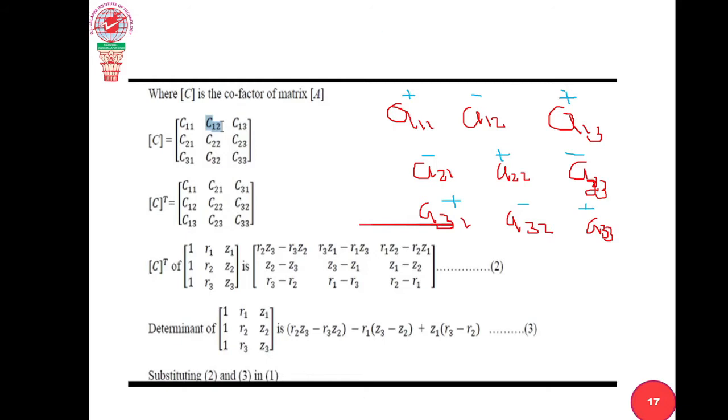Suppose it is a 4 cross 4 matrix, I will continue the matrix now. Here A41, A42 and A43 will be there. Now what does the sign convention become?